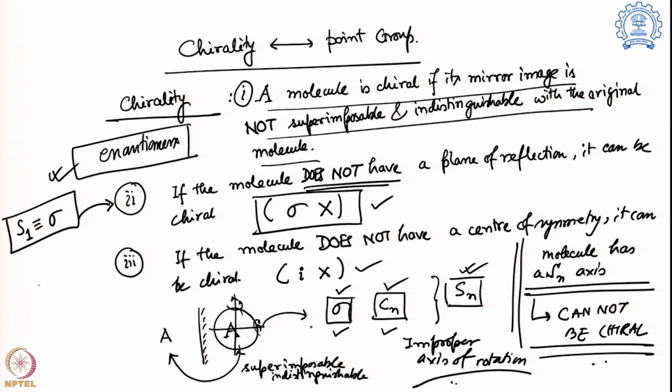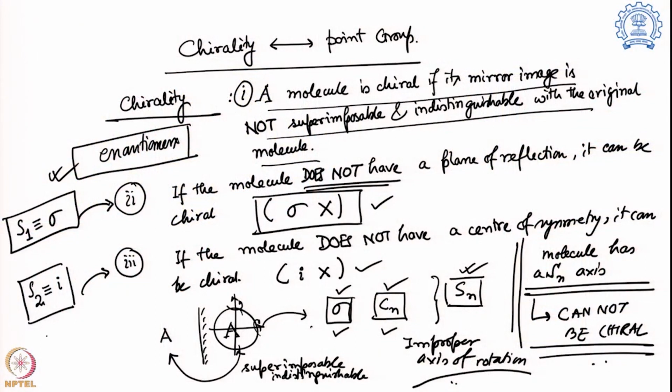Then the next one we have also defined, S2 is equivalent to center of symmetry. So, this is also getting connected over here. If you have a S2, you have a C2 and sigma, you do this operation, you find another molecule which is exactly superimposable and indistinguishable to the original structure.